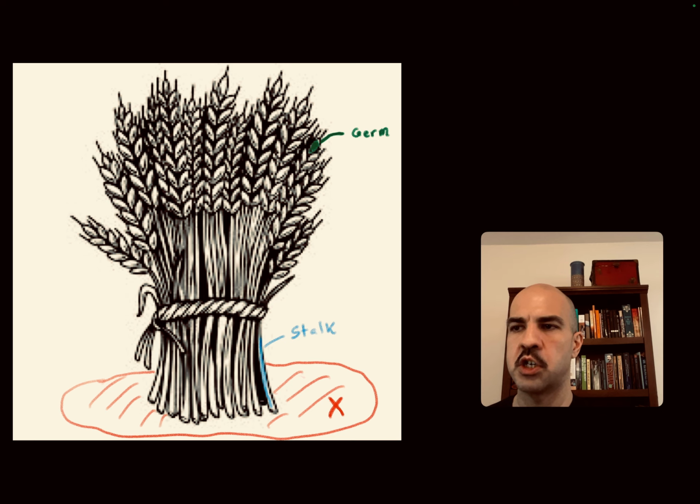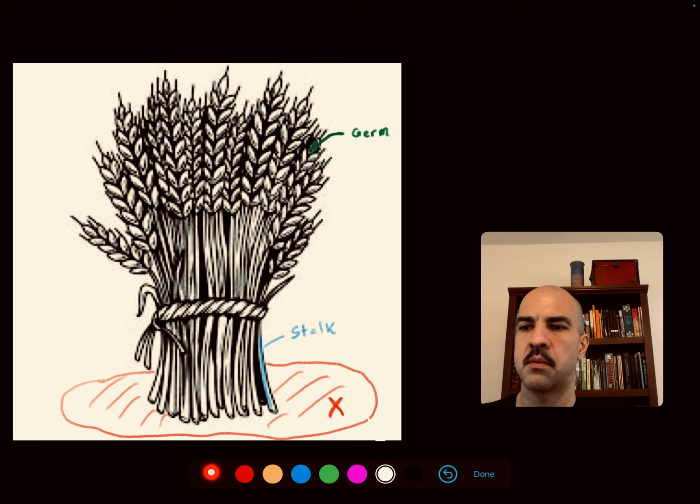So let's look at a sheaf from a farmer's perspective, because I am but a simple farmer. We have this topological space X, and then we have this stalk, and this stalk projects above the topological space, and then we have this thing called the germ, and the germ is this little Quaker Oats thing that spans off of the stalk, and it's what they make flour out of.